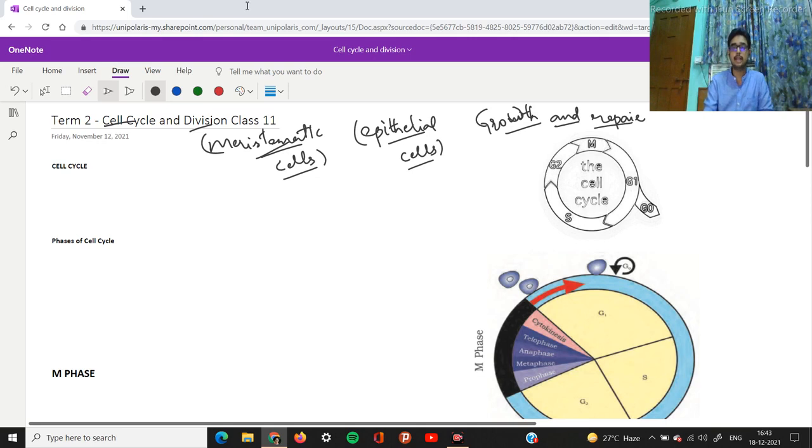The cell cycle has all these phases, in which G1, S and G2 are together known as interphase. So we can divide the cell cycle into two parts. What are those two parts? First, interphase, and another one is M phase.